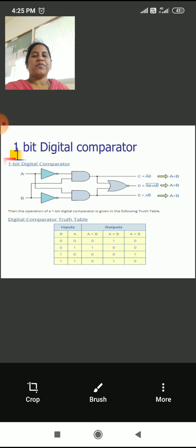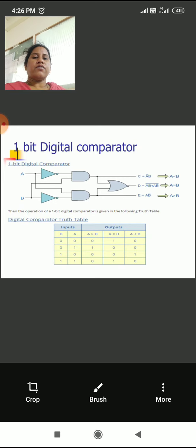Now when input B is 0 and input A is 1, at that time A is greater than B. Obviously the value of A is 1 and the value of B is 0. That's why A is greater than B, so in this case the A greater than B output is 1, and the other outputs are 0.